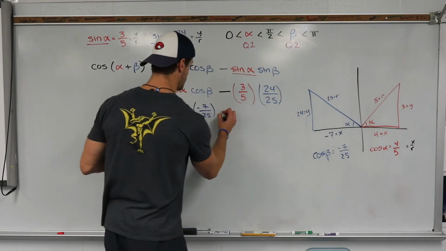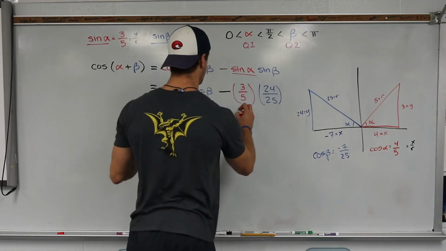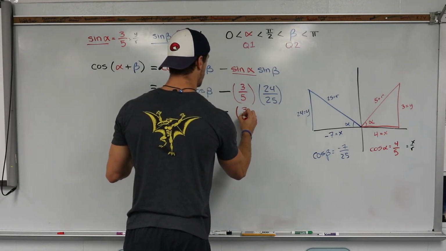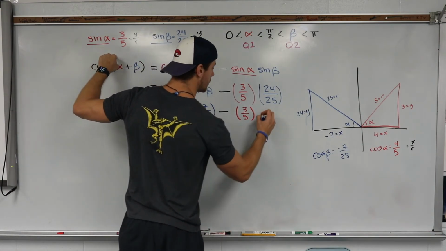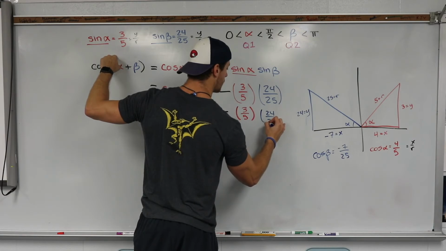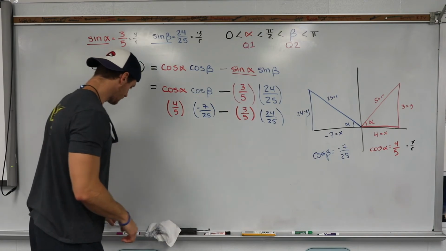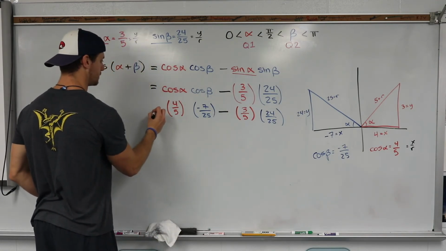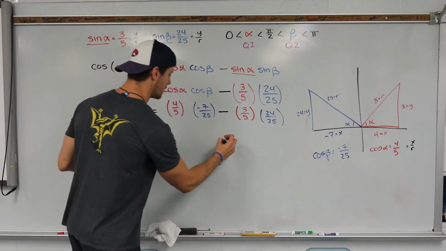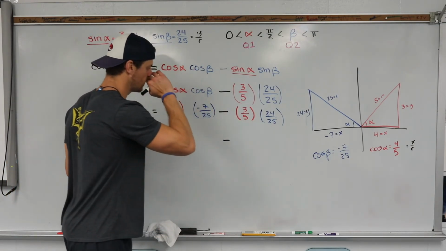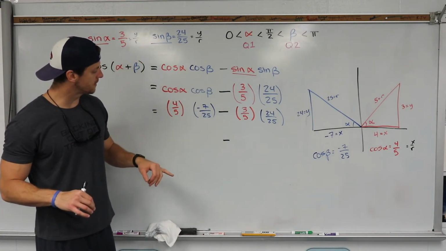Alright. Minus. I'm going to tack back on this stuff. 3 over 5, we already knew that because we were given that. And then we were also given 24 over 25. So what are we getting here? Well, lucky for us, we're going to have a common denominator, because both 5 times 25. But what about up here? What's 4 times negative 7?